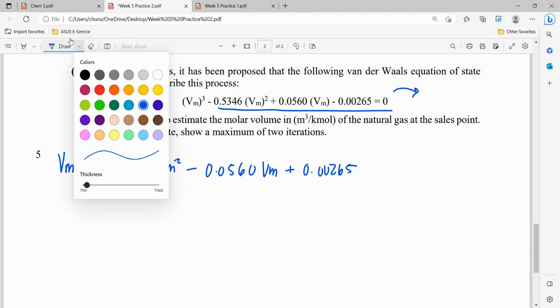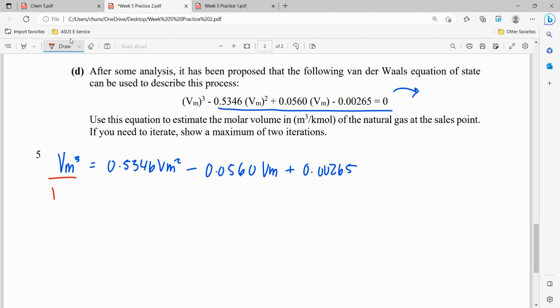And now we want to just have 1 molar volume on this side, so we divide by Vm squared, and we do that for all of our terms. This ends up giving us Vm equals 0.5346.